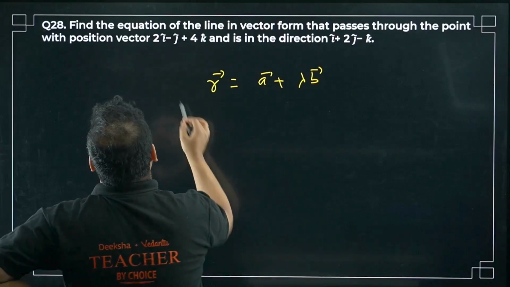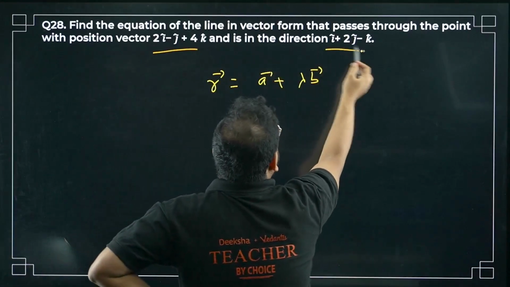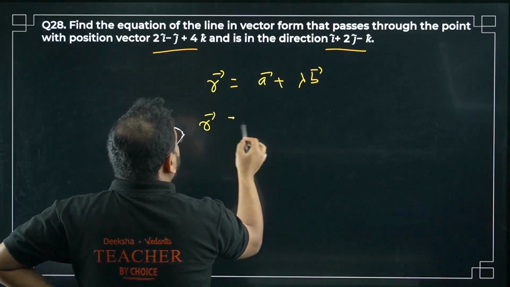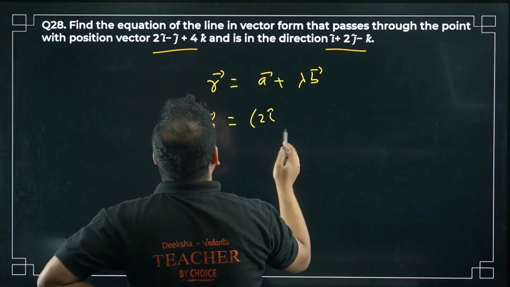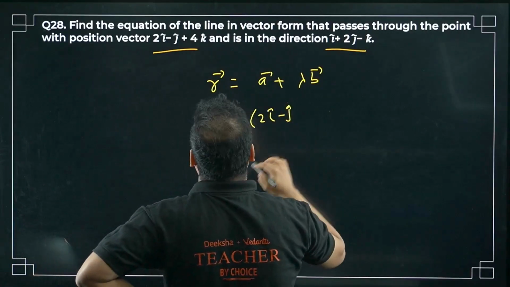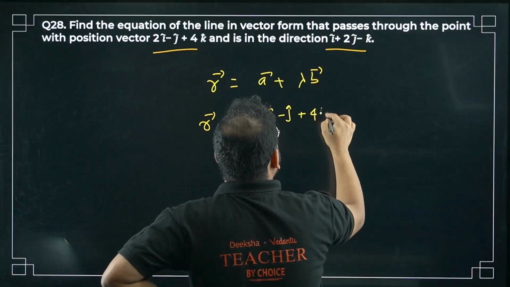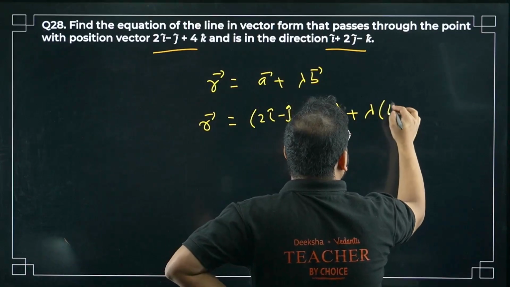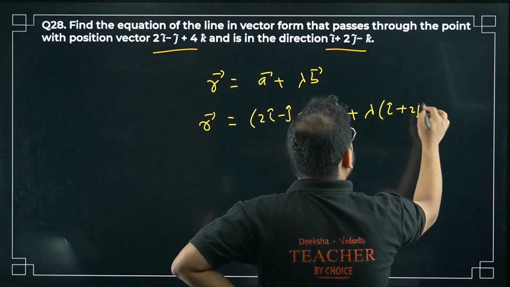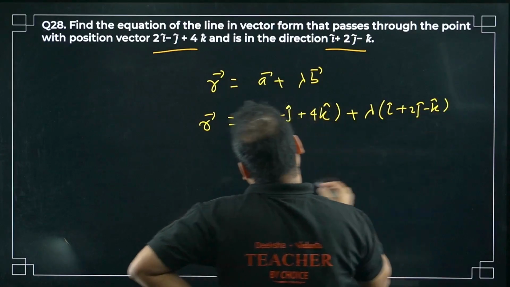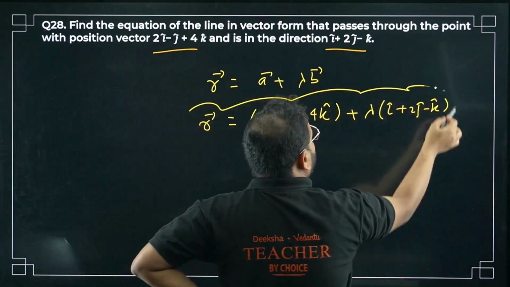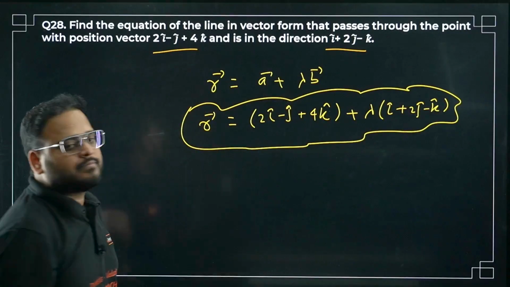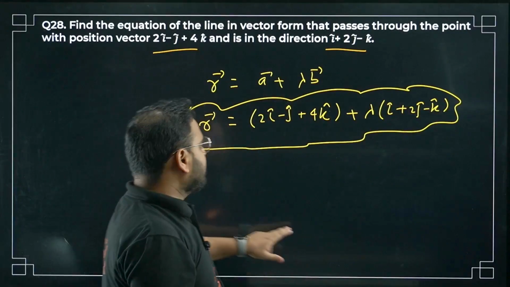So vector r is given by 2i cap minus j cap plus 4k cap plus lambda times (i cap plus 2j cap minus k cap). This is the answer. 28th is done. Very simple.